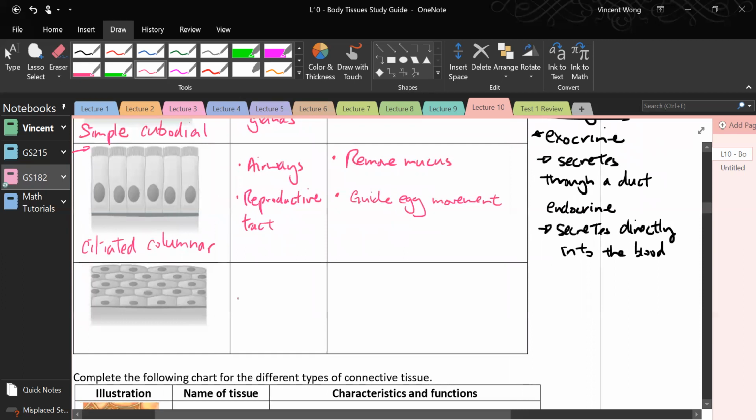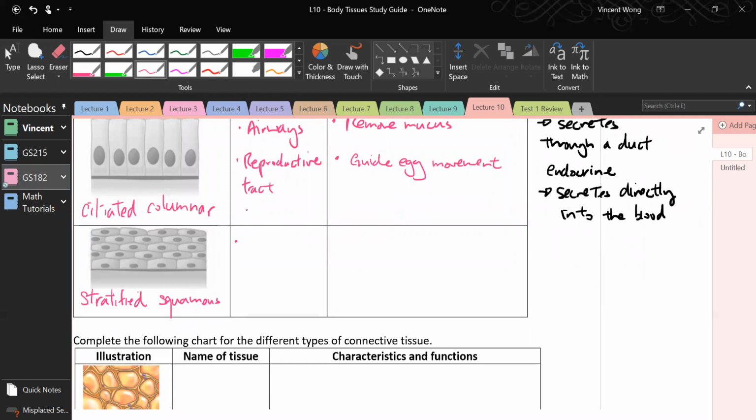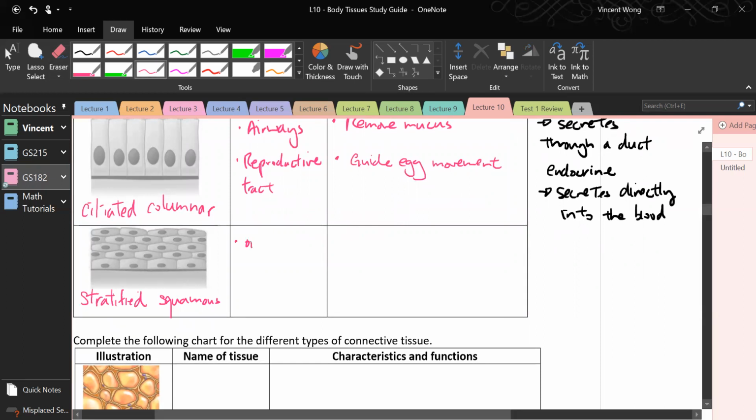And over here, we have the stratified. Stratified means multiple layers, right? Multiple layers of flat cells. So stratified squamous. You will find them in surfaces that experience a lot of wear and tear, for example, the oral cavity, your mouth.